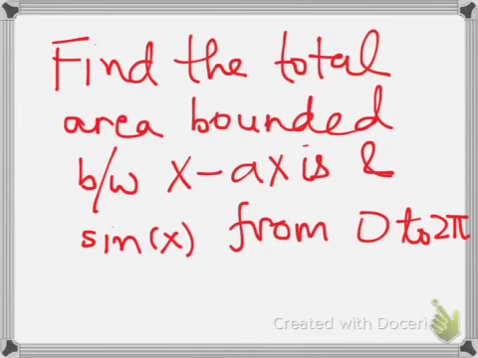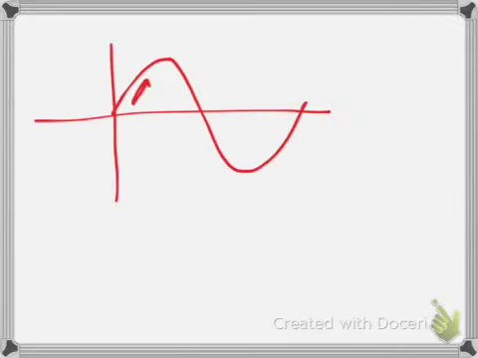Here we are talking about total area now. So if the question is find the total area bounded between the x-axis and sine x from 0 to 2 pi, if I look at the graph again, that's the graph of sine x. This is my A1, this is my A2. It's not asking about the net area, it's asking about the total area.